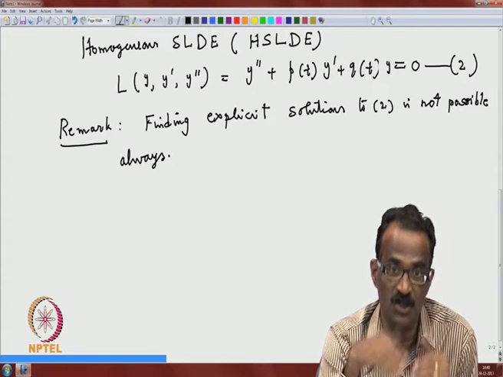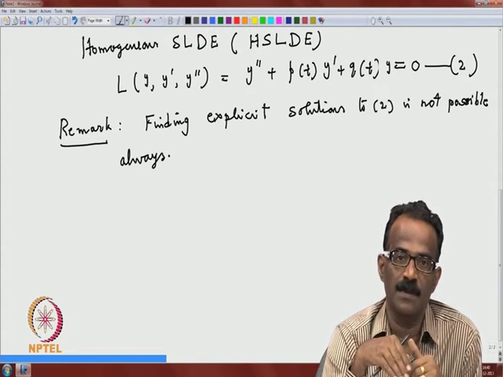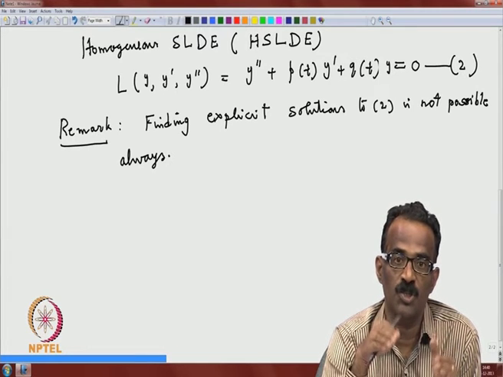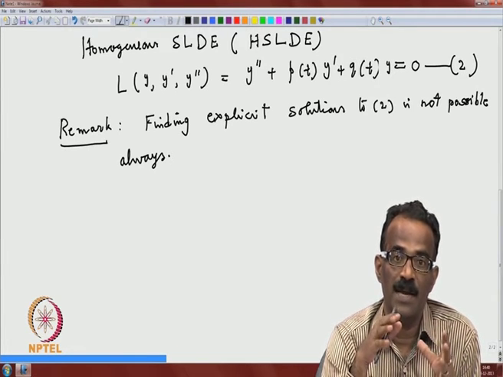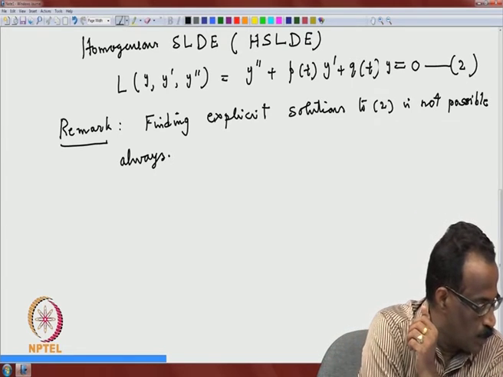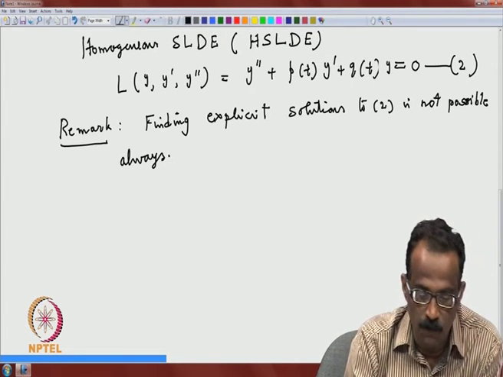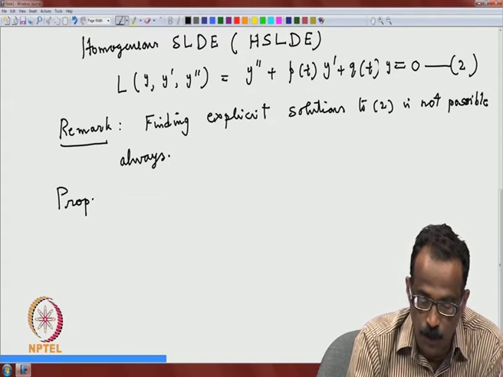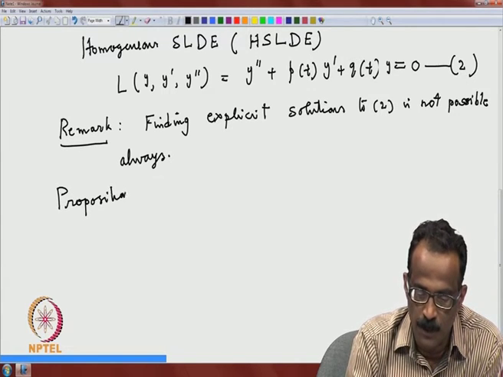The first main thing in today's lecture is to understand the solution structure. Can you find some property of the solution space? That is what we are going to do, and we have the following proposition, which we are mainly going to prove in this lecture.